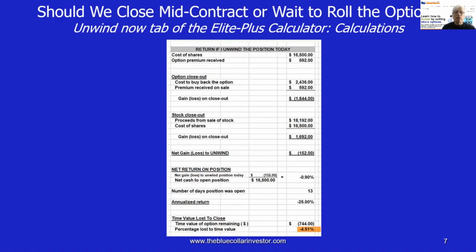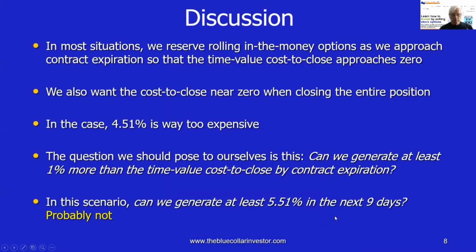The time value cost to close is 4.51%. It's more than we generated originally when the 165 call option was sold. Way, way, way too expensive.